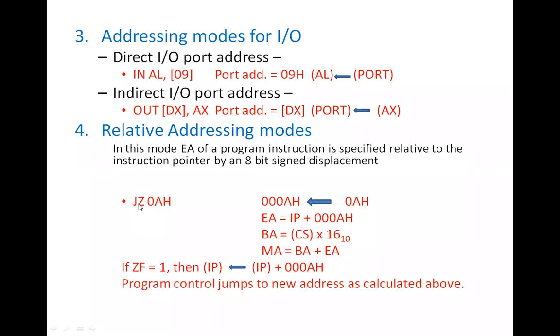If the zero flag is not set, the next instruction written after the jump on zero, whose address will be present in the instruction pointer, will be used as the effective address. So this kind of addressing mode is called relative addressing.